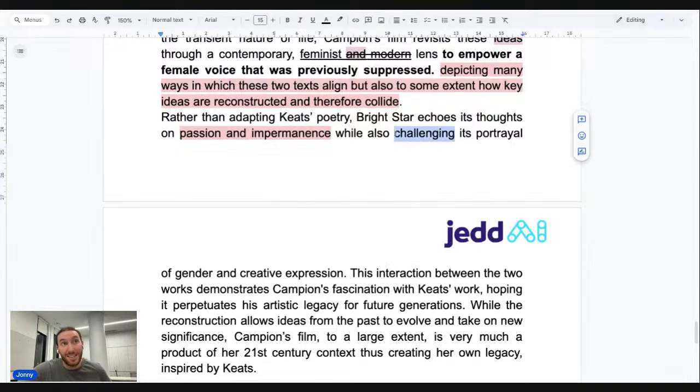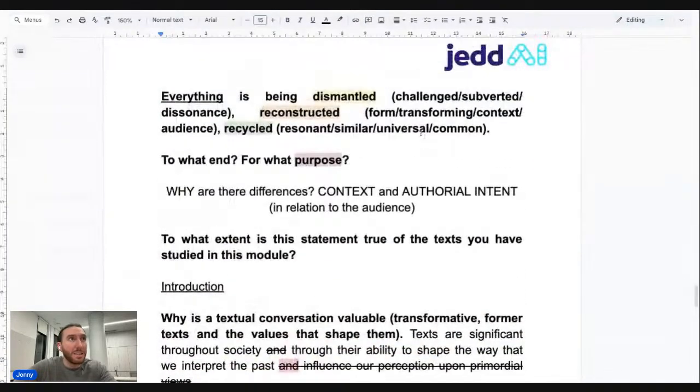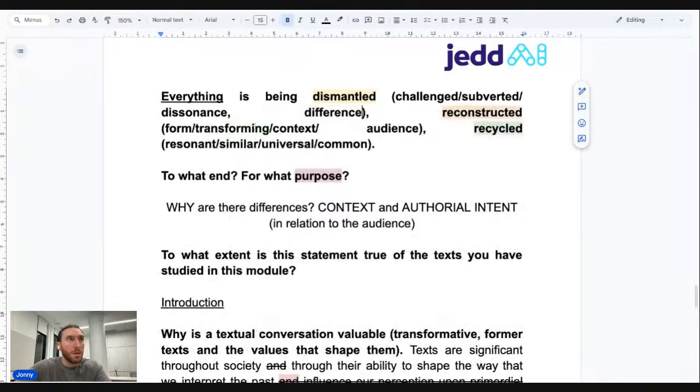And again, challenging, dismantling. Like, use the words. See how it says challenging in the original here? But when I did the brainstorm up the top from the question, I said, whenever it says dismantled, I'm going to understand that as challenged, subverted, or something that's dissonant, a difference. Okay?